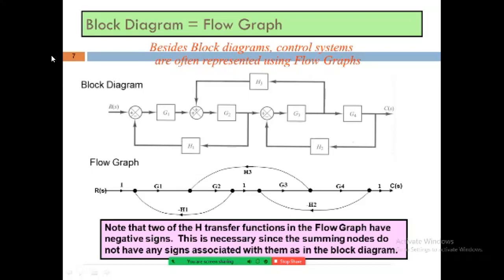So whenever we write the equation, consider H1 and H2 to be negative. This is necessary since the summing nodes do not have any signs associated with them as in the block diagram. This is all about the transfer function of the system.